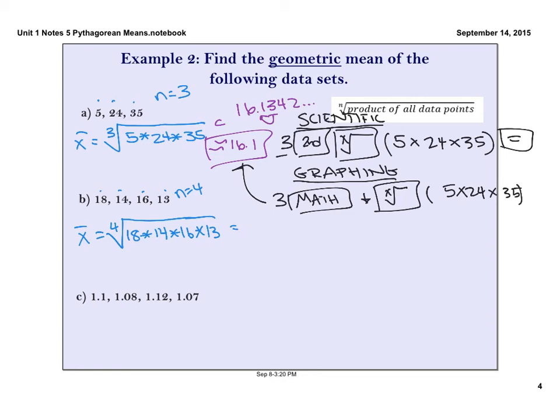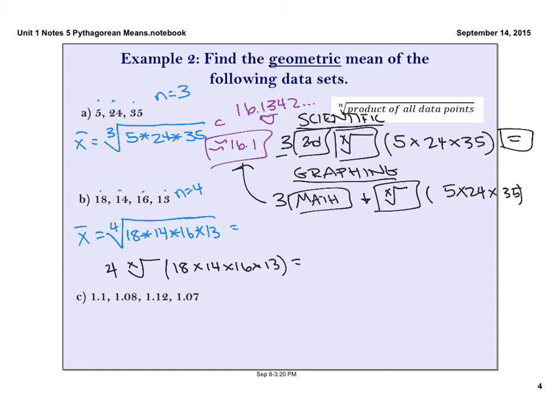So again, type your 4 in first, go find this wherever it is depending on your calculator, then open your parenthesis, type the 18 times 14 times 16 times 13, close your parentheses, hit equal, and let's type all that in. I'm going to try it on mine. So 4 math, option 5, 18 times 14 times 16 times 13.